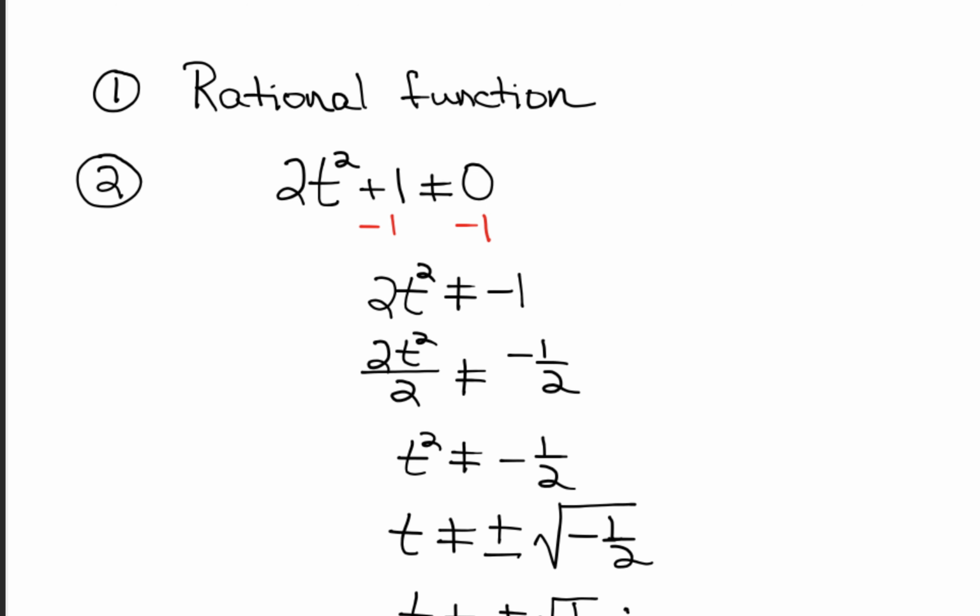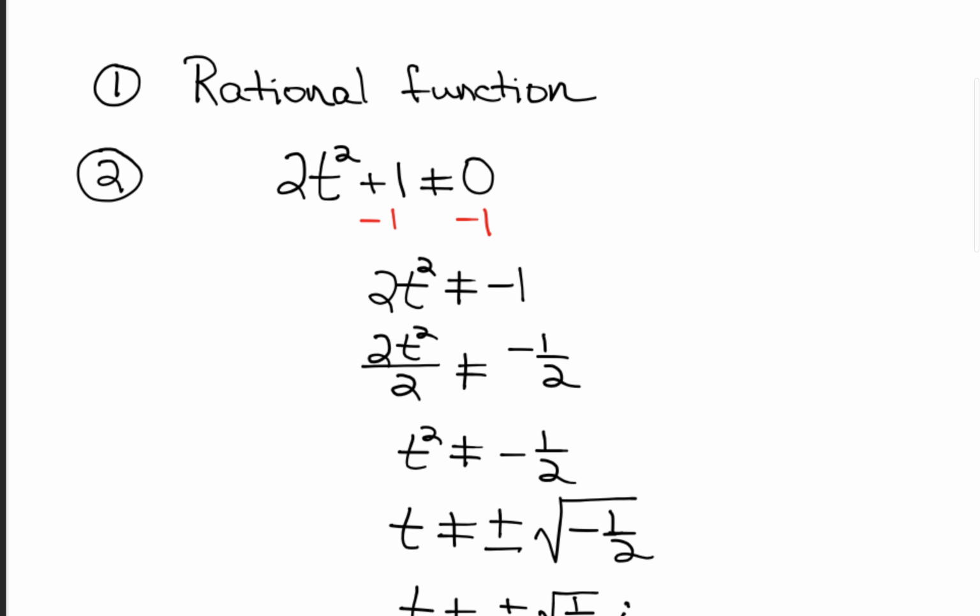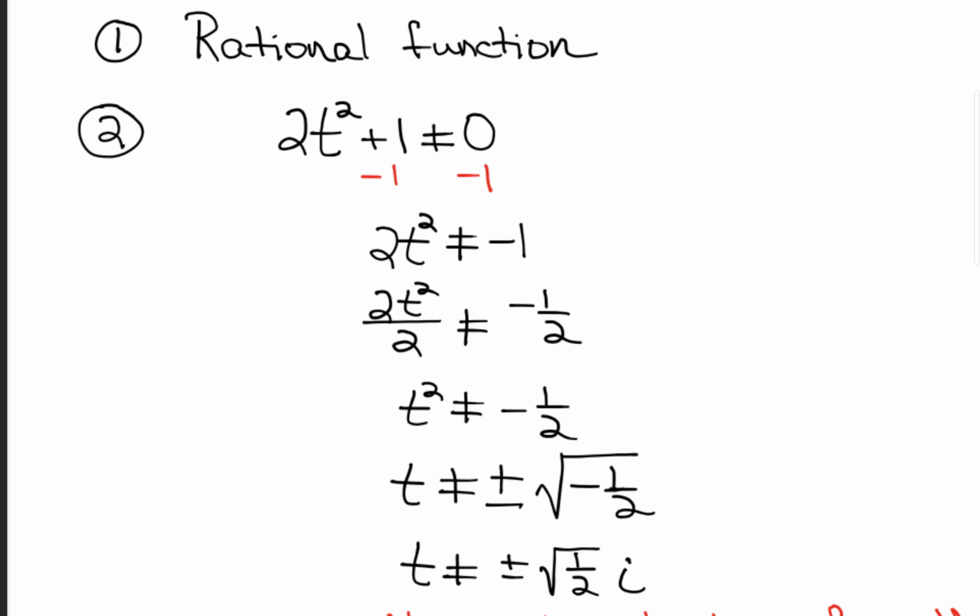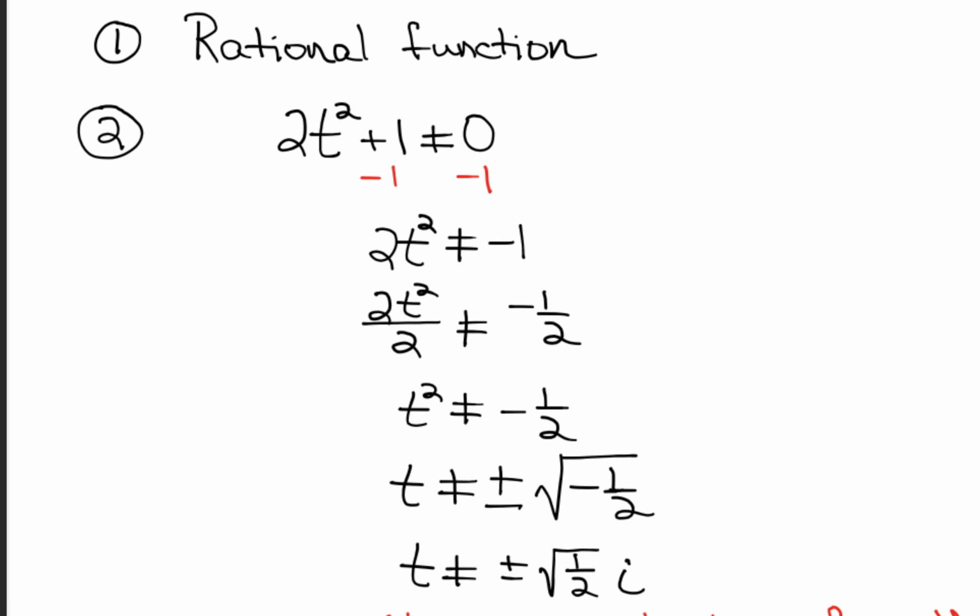So if I isolate the t term, taking 1 away from both sides, 2t squared cannot be negative 1. Then getting t squared by itself, with division by 2, t squared cannot be equal to negative 1/2.